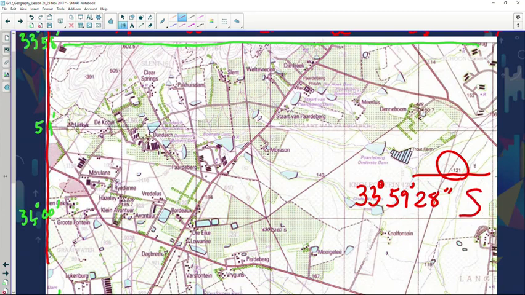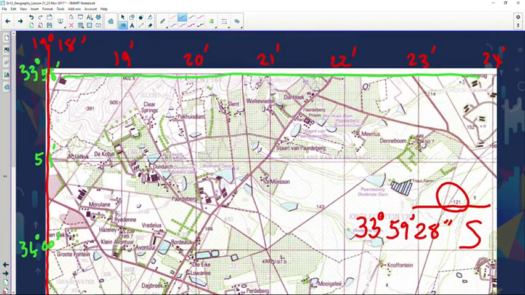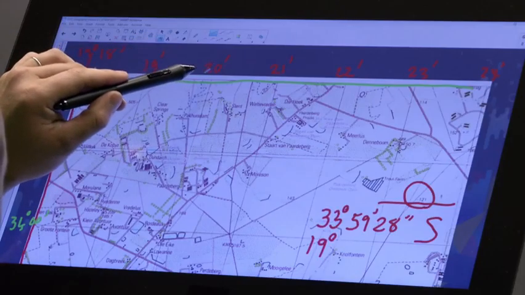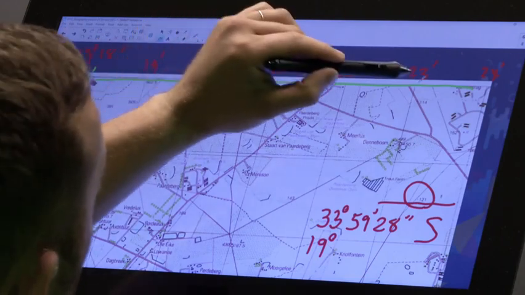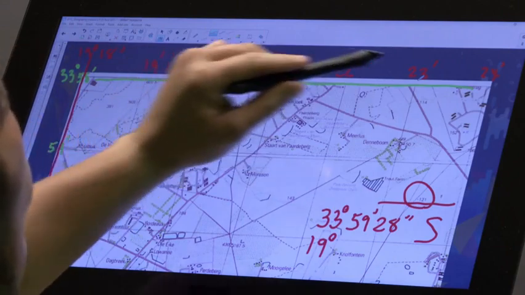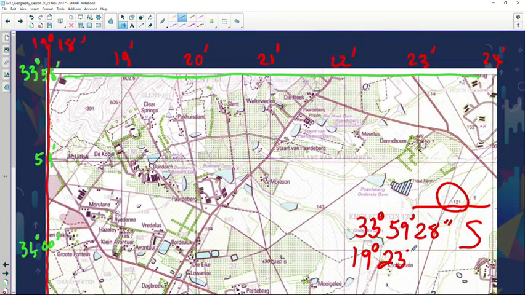Now let's go and have a look at our next coordinate that we need to write down. The longitude is 19 degrees. 18 minutes is over there, 19 over there, 20 over there, 21, 22, 23, 24. So it's between 23 minutes and 24 minutes. So it's 23 minutes.